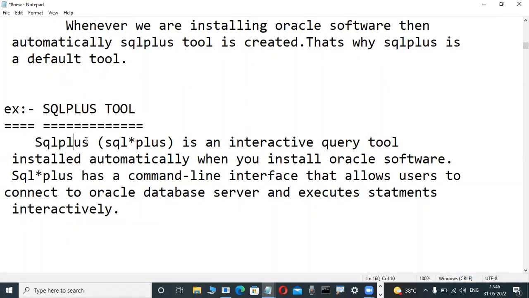The same Oracle Corporation is giving this one. SQL plus, within the bracket write it SQL star plus. Star plus or SQL plus is the same. Okay, write it. SQL plus is an interactive query tool installed automatically.